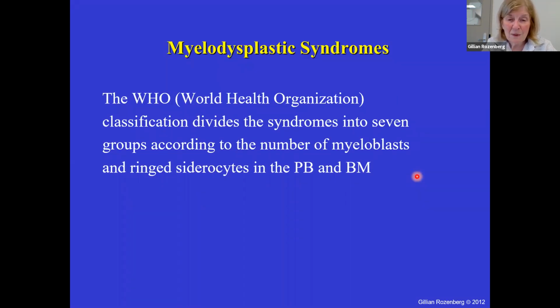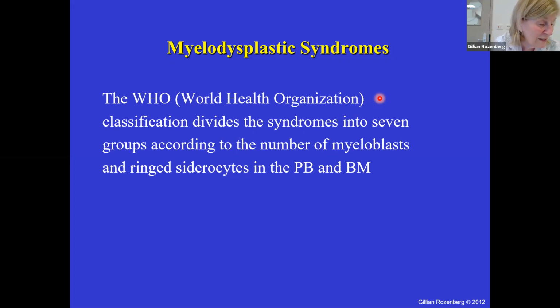So now we're going to talk about the different categories. This is where this comes from, the 2008 version of the WHO. The 2008 is entitled the 4th edition, and the next edition, which came about 8 or 9 years later, was the 2017.